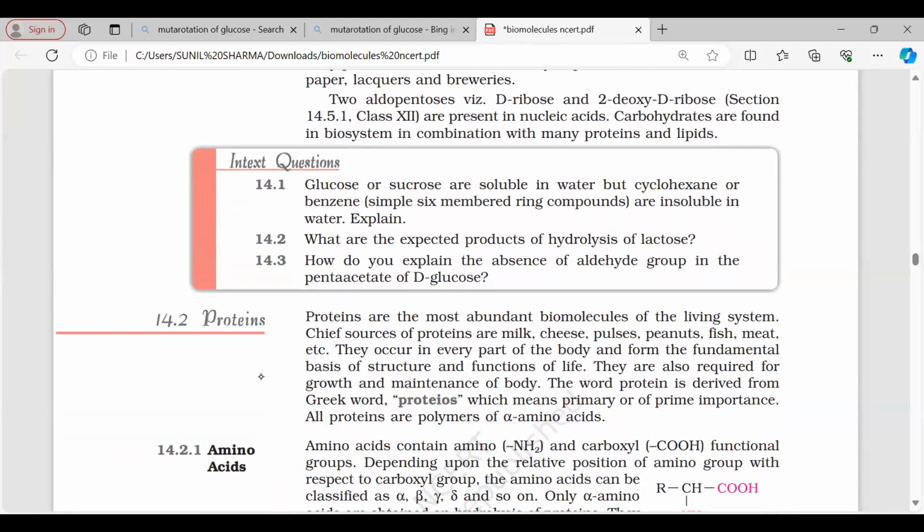The polarity. So you will say glucose and sucrose contain polar OH bonds. Inside them are polar hydrogen OH bonds, so they can form hydrogen bonds with water. Whereas benzene or cyclohexane are non-polar, they cannot form hydrogen bonds.